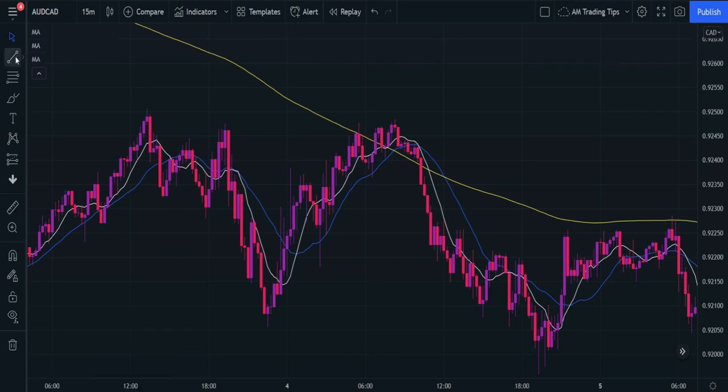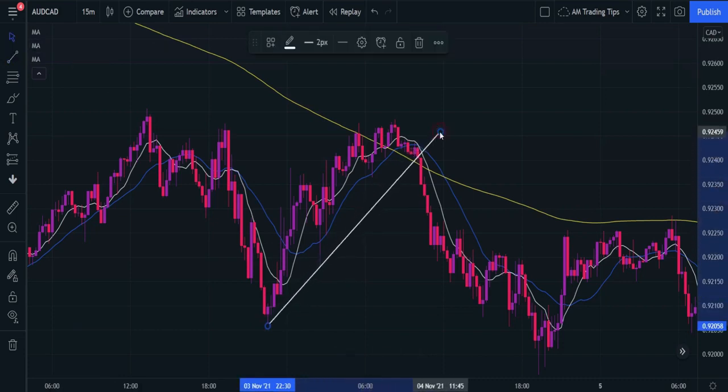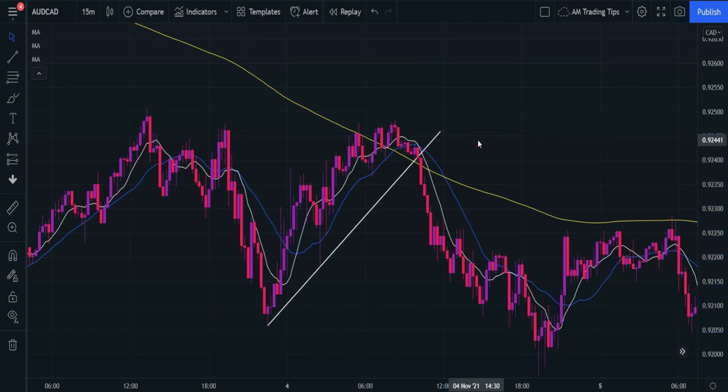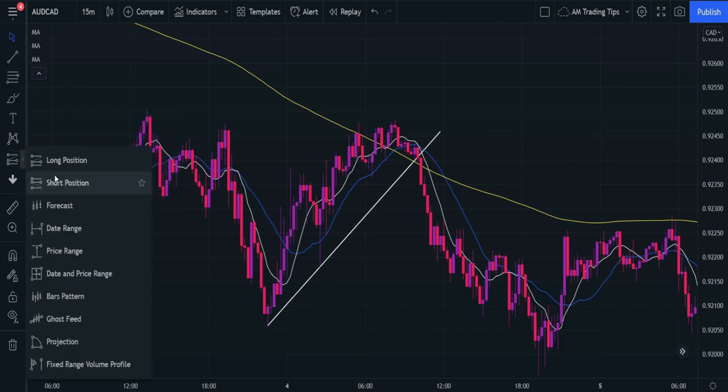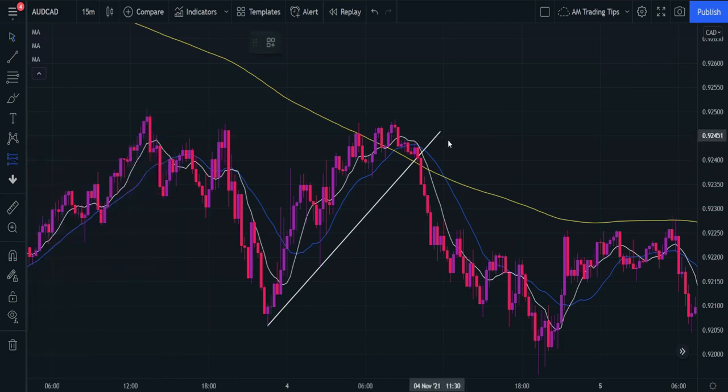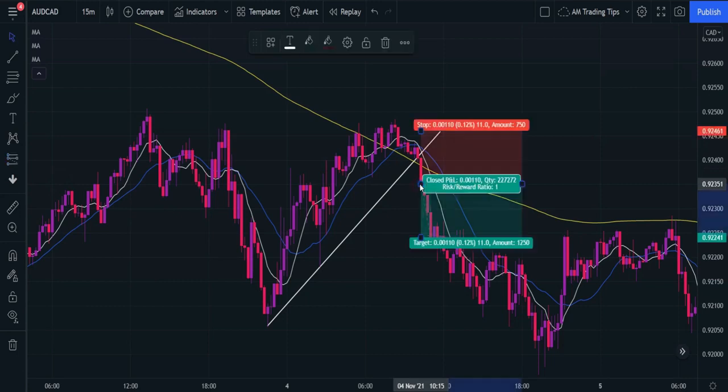Now we create a short-term trend line, connecting the lows on the pullback. Price breaks below the trend line here, so we enter a sell trade on this candle.